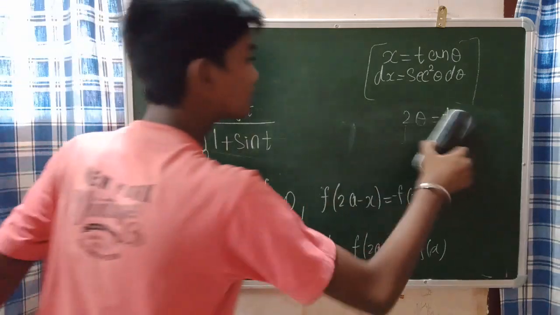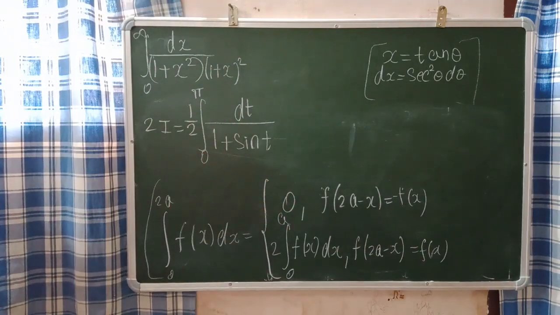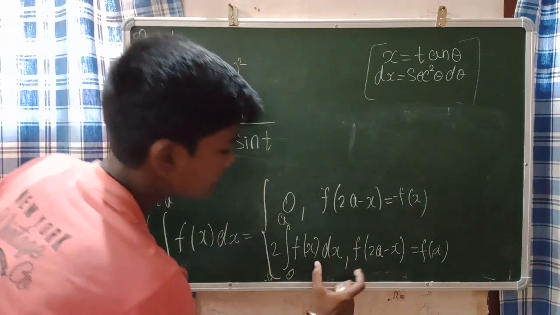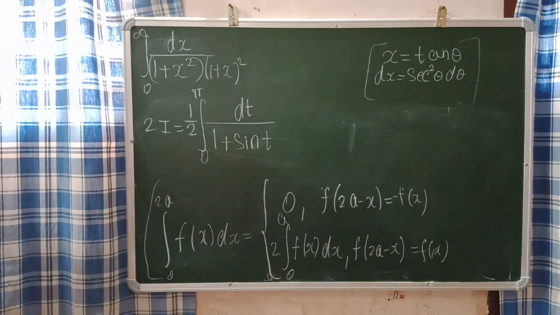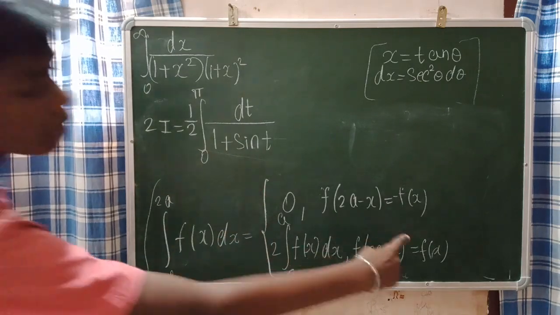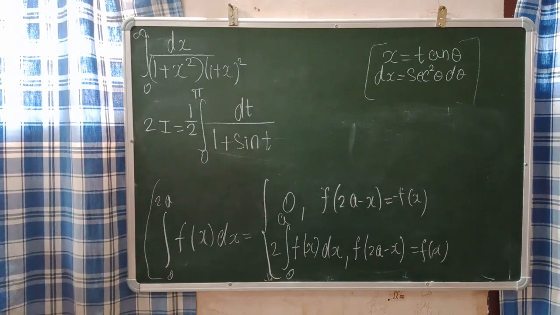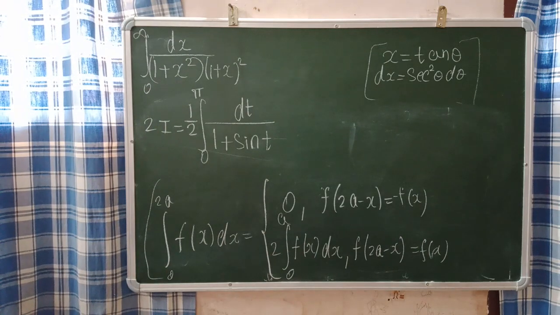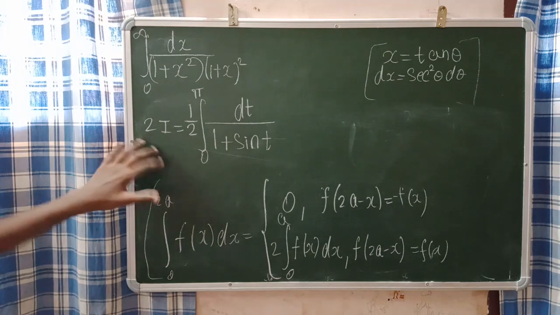Now after this, listen, this condition only holds true here, because f of 2a minus x is equal to f of x. Think carefully. f of 2a minus x will be equal to f of x only for this particular integral.